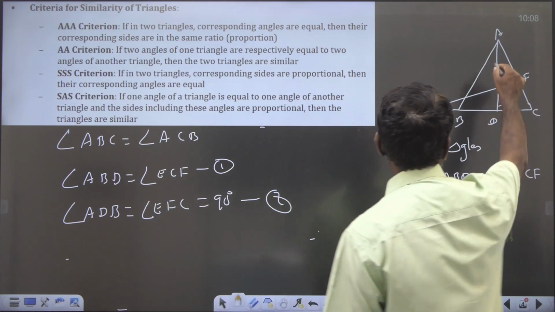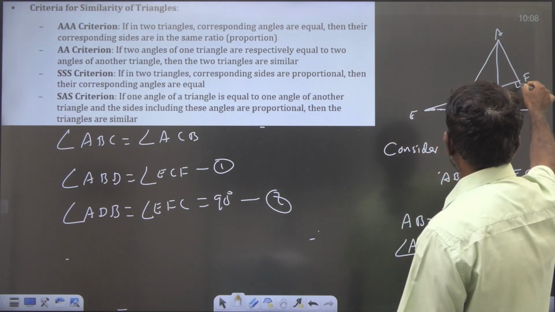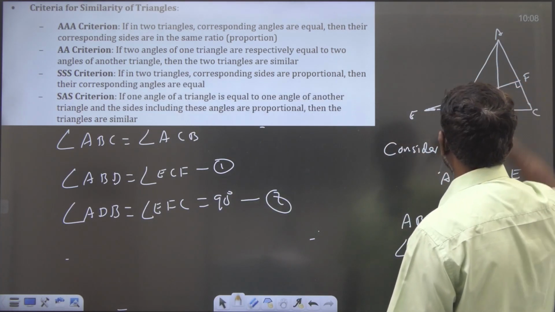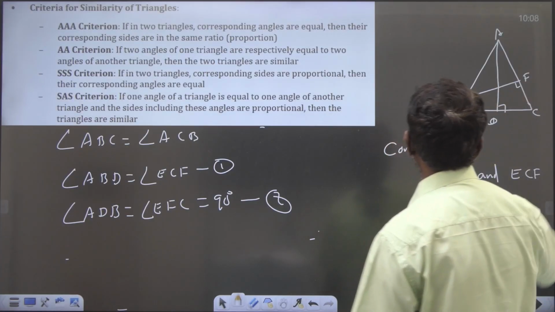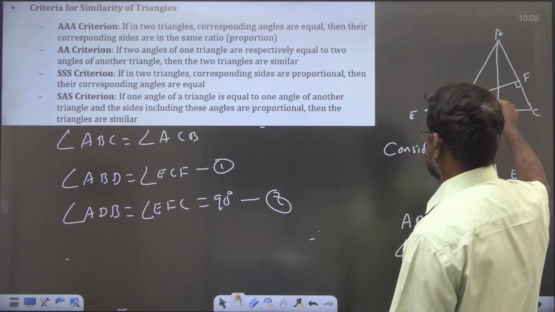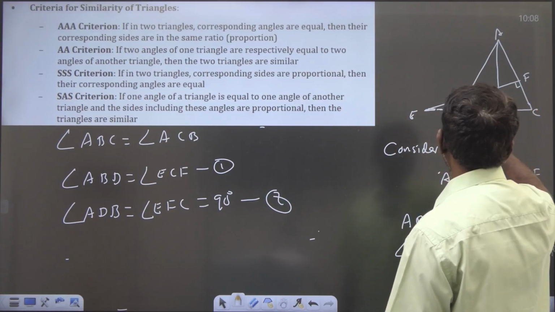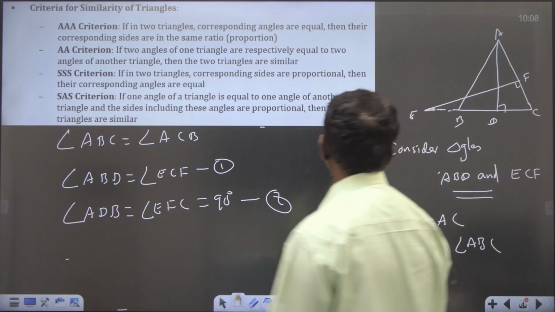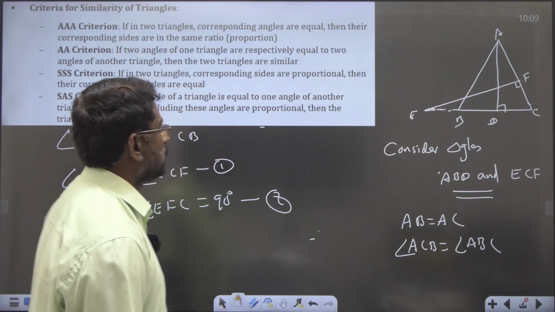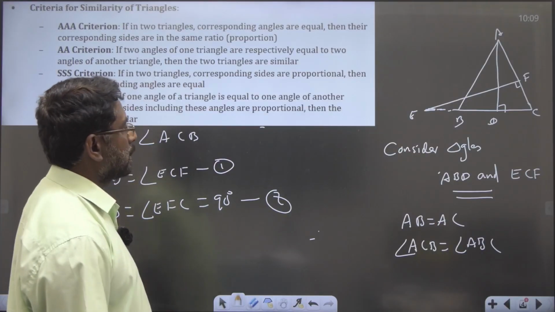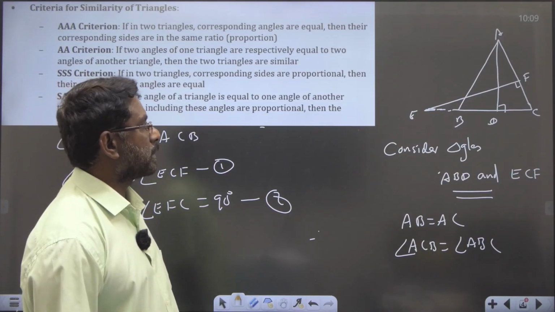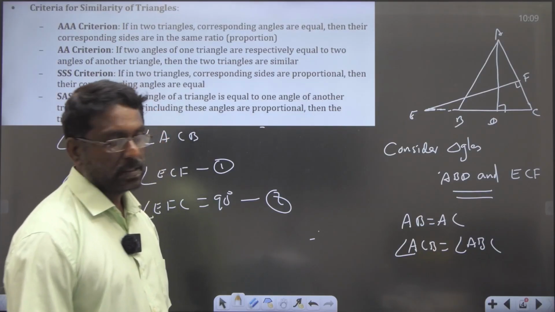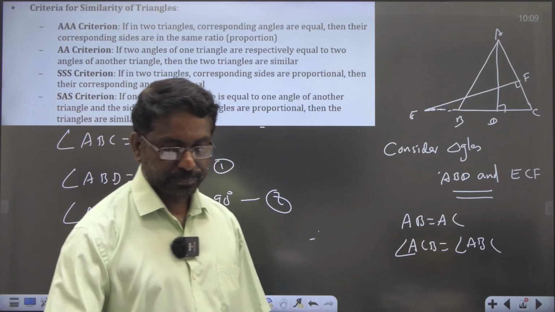In triangles ABD and ECF, angle ADB and angle EFC are each equal to 90 degrees, and angle ABD is the same as angle ECF. So using 1 and 2, using the AA criterion, both triangles are similar. Okay.